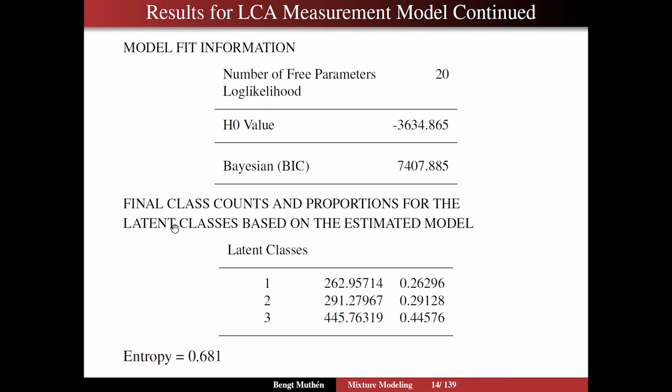And at the bottom then you get the final class counts based on the estimated model for each of the classes, the number of people, and the proportions. So the class estimates of the class probabilities. In this case, the entropy is 0.68, so a moderately high value.